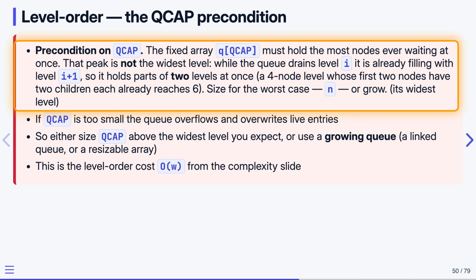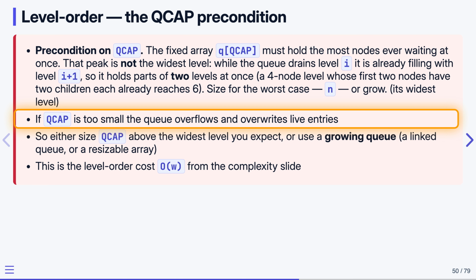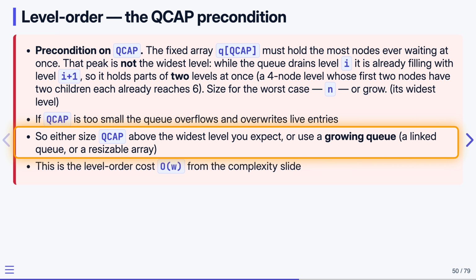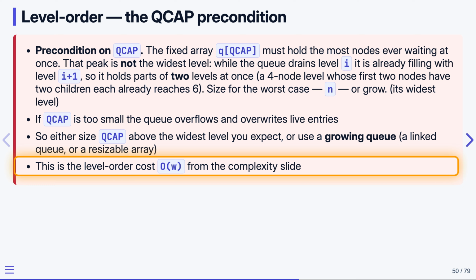So size it for the worst case, which is n, or let it grow. If QCAP is too small, the queue overflows and quietly overwrites live entries. So either size QCAP generously or use a growing queue, a linked queue, or a resizable array. This is where the level order space cost of big O of W comes from, on the complexity slide.